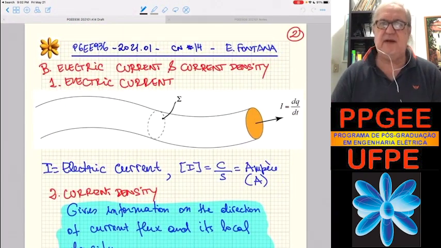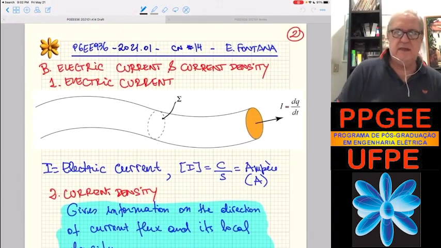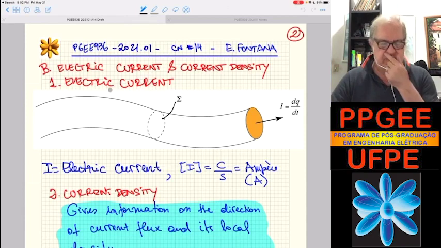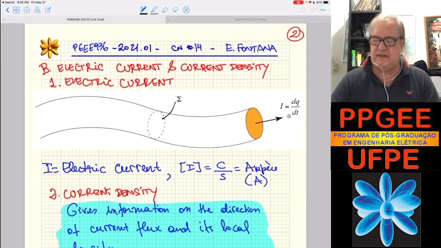Let's conceptualize the important parameters that represent transport in conductive media. One of them is electric current, okay? If you consider a conductor having a cross-section sigma, we say that we have a flux of delta Q, or dQ over dt, which is the current I, okay?